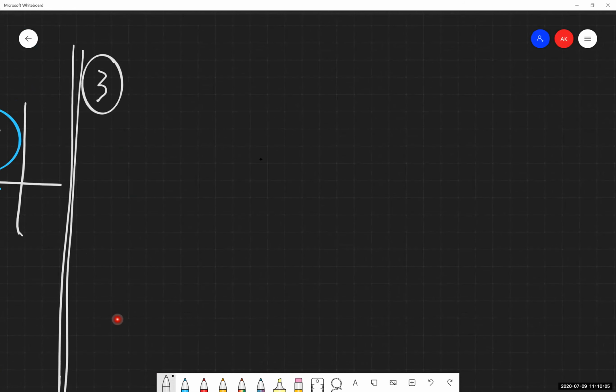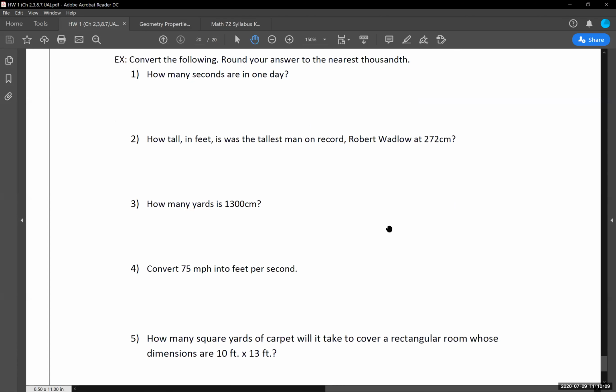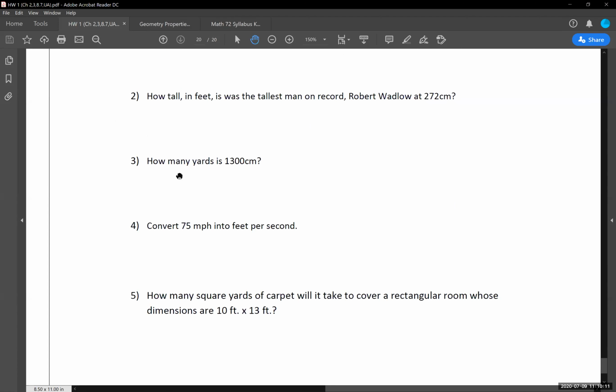So looking at our third example, we'll jump back over there. We're being asked, how many yards is 1,300 centimeters? Let's look at example 3 here. I'm going to jump us back over to our Blackboard and work with problem 3.